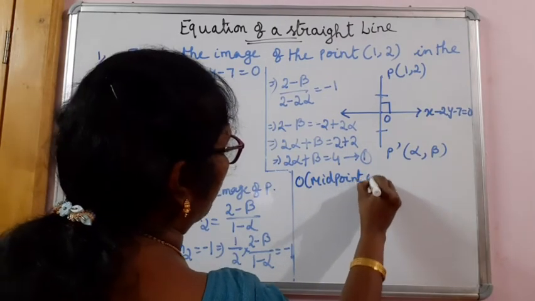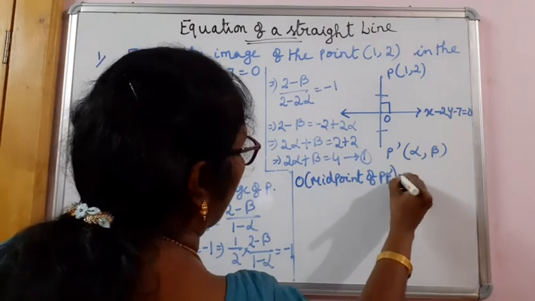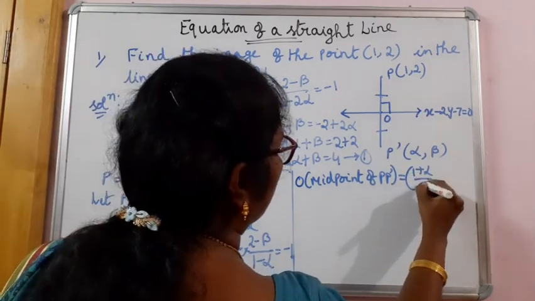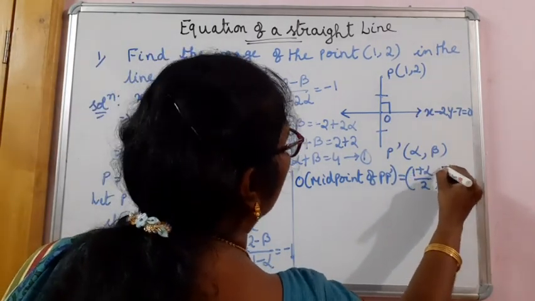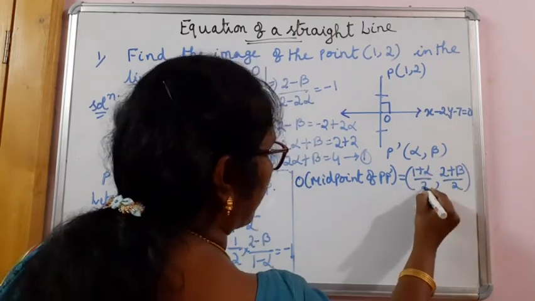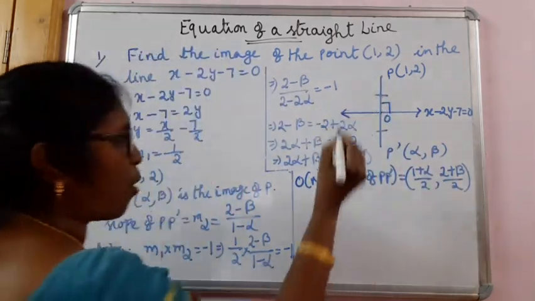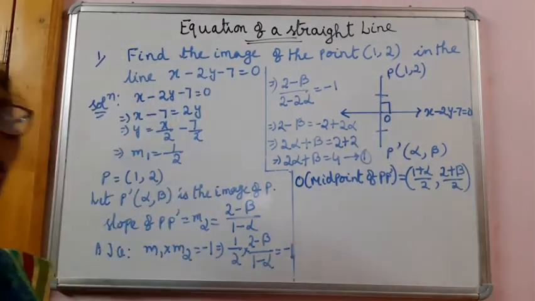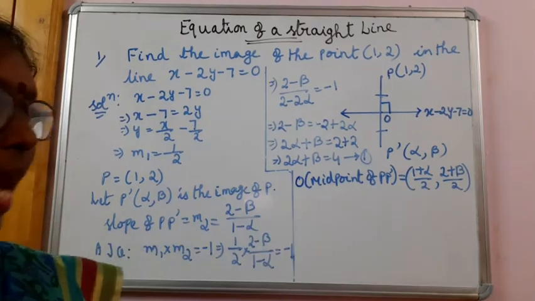Sum of the x coordinates by 2 gives you the x coordinate of the point. Sum of the y coordinates by 2 gives you the y coordinate of the midpoint of PP dash.